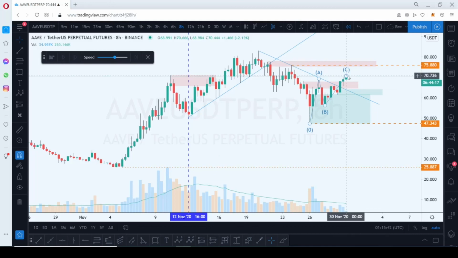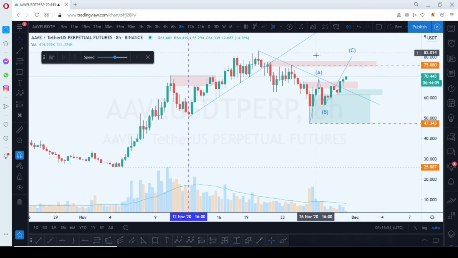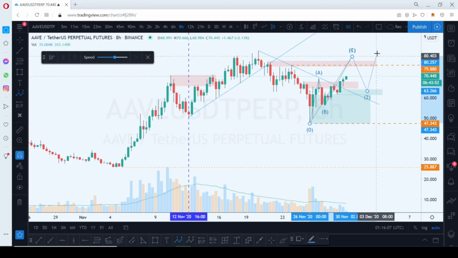But if this side breaks, either on C like this, then that means the market has turned, right? Then what do we expect? We expect something like this. From here to here, probably 1, then maybe to this demand 2, up 3, 4, and 5, like that.